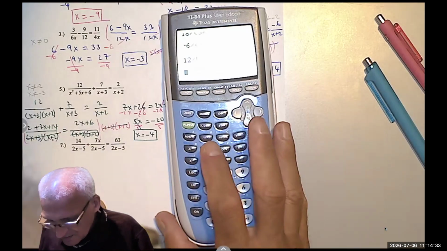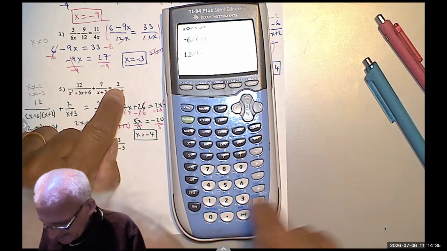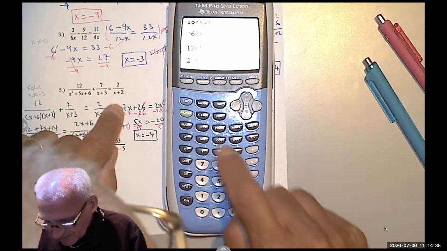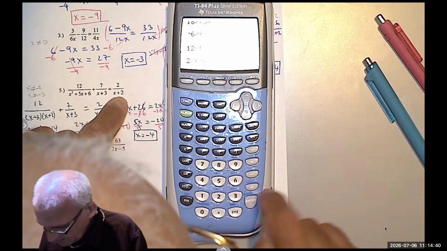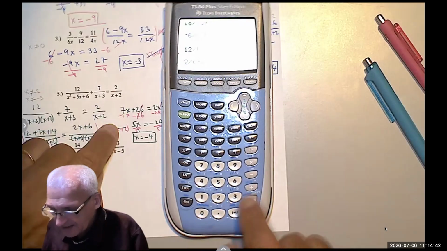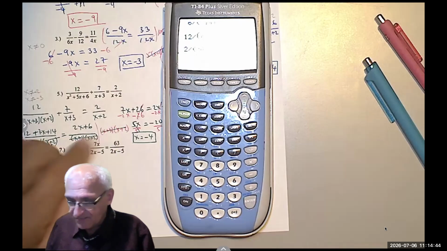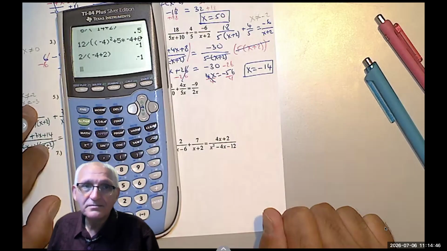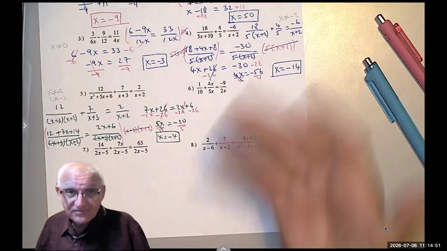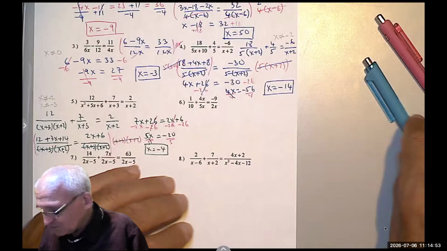Now, when I evaluate the right-hand side, I get 2 over x, negative 4 plus 2, meaning 2 over negative 2, which is also negative 1. Quick check. If you have time, it's always better to check.